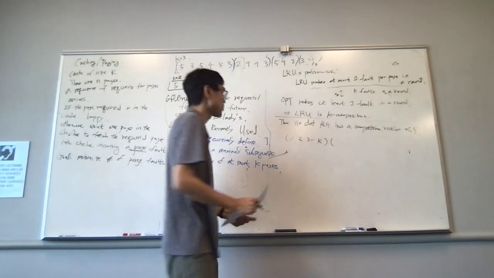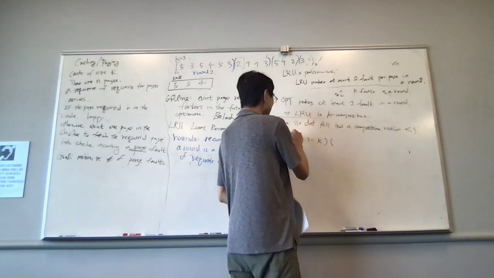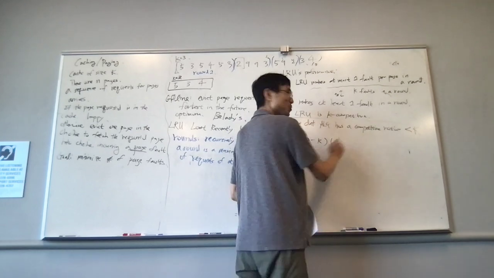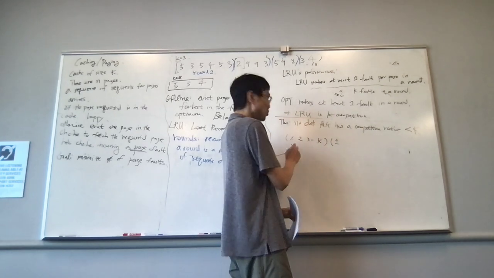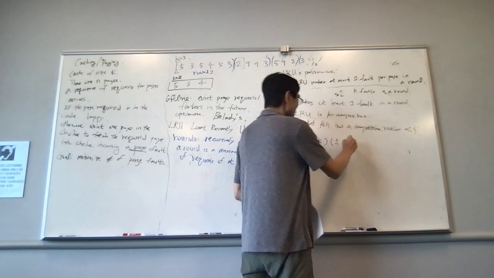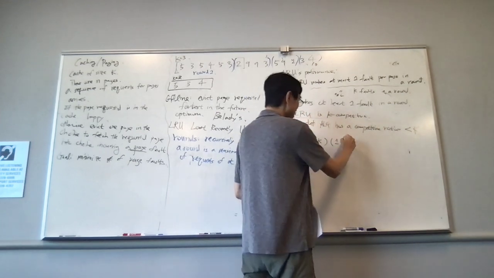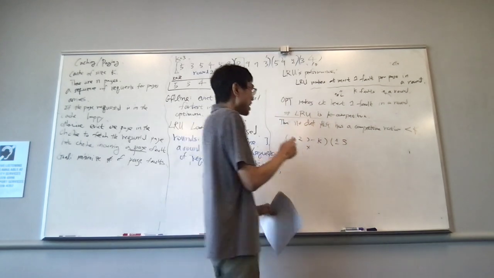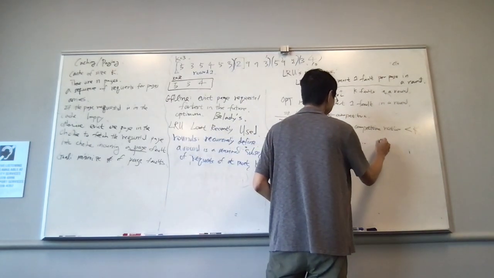For example, if you evict page 1, then I'm going to request page 1 immediately. You do regret. If you evict page 3, then I request page 3. So I can repeat this.